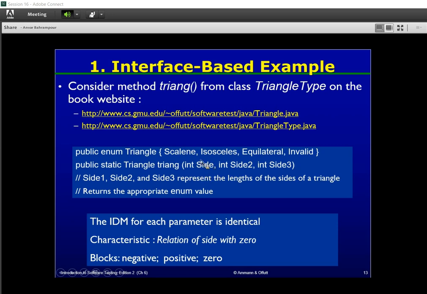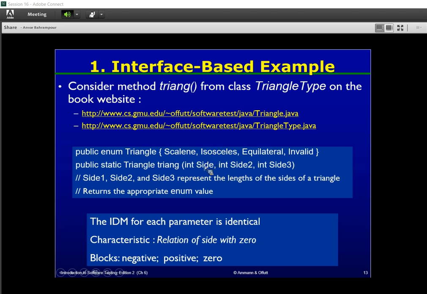So the only characteristic we could use to partition the domain of these integer parameters is the relationship of values with 0. So for partitioning in this approach, we could just consider the relationship of side with 0.